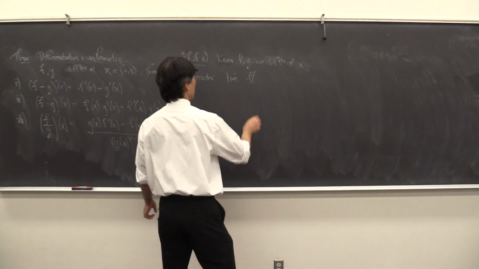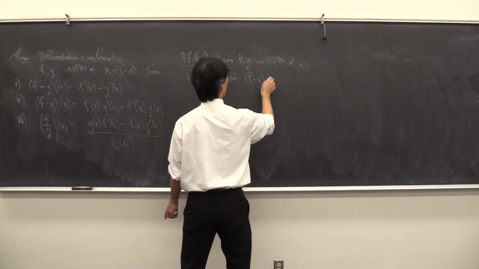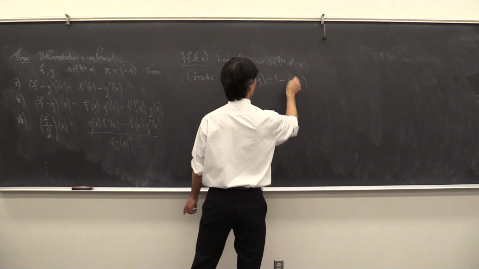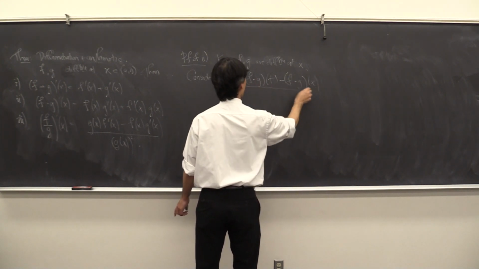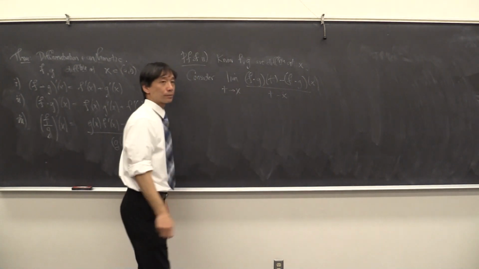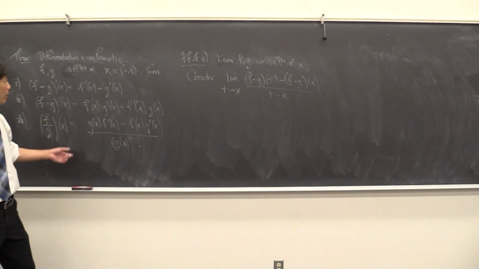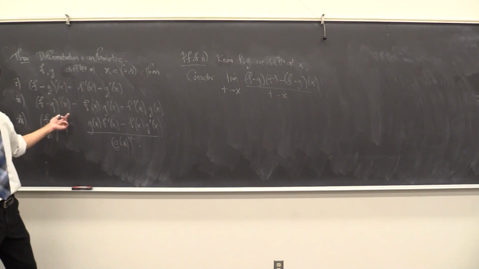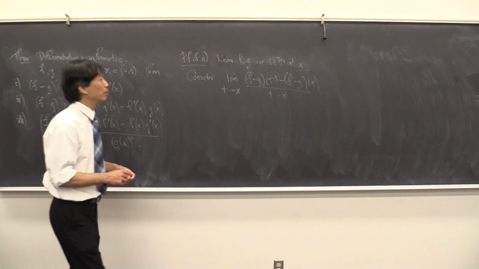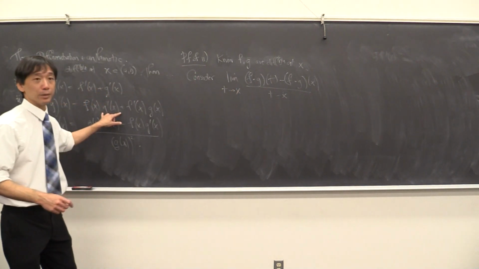It's going to be f times g at t minus f times g at x over t minus x as t approaches x. We're hoping that that limit exists. We don't even know that that limit exists yet, but we're trying to show that that limit exists and equals this thing on the right here.